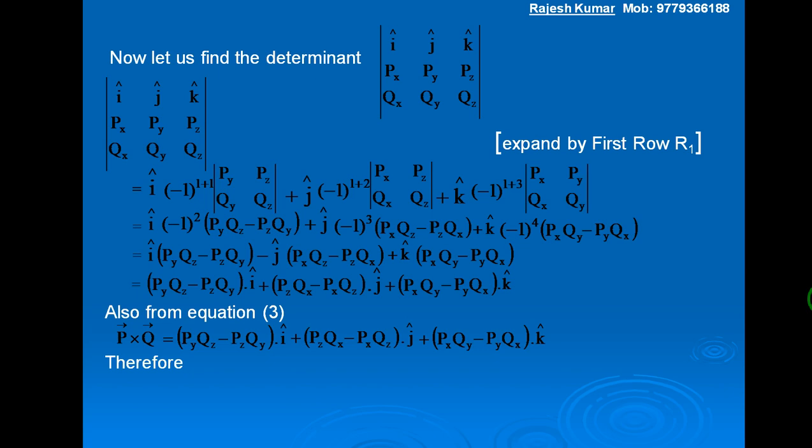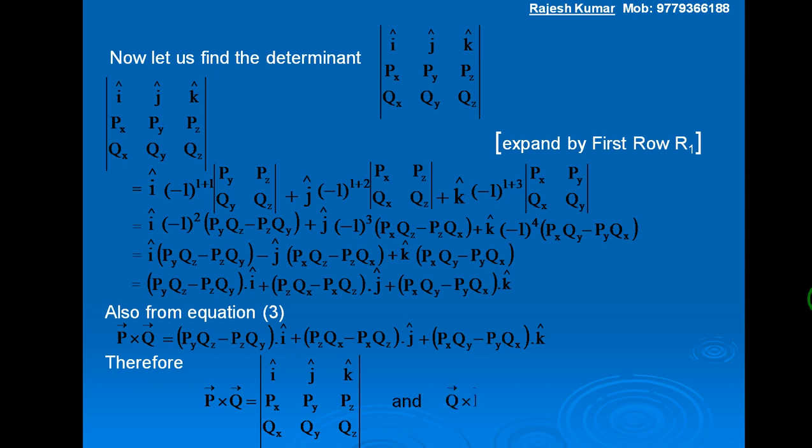Therefore, we can write p vector cross q vector is equal to the determinant with first row i cap, j cap, k cap, second row the components of the first vector Px, Py, Pz, and third row the components of the second vector Qx, Qy, Qz.